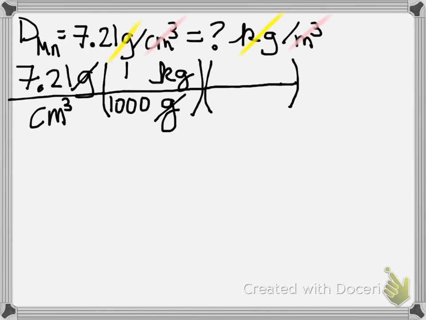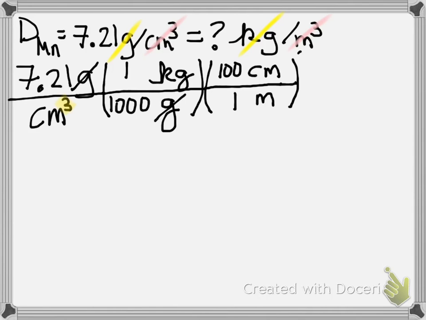Now, centimeters is in the bottom, so I need it to be at the top. And I don't necessarily know something about cubic centimeters and cubic meters, but I do know something about a centimeter and a meter. I know that a meter is larger and that it's 100 centimeters. However, I need cubed. That's the problem.